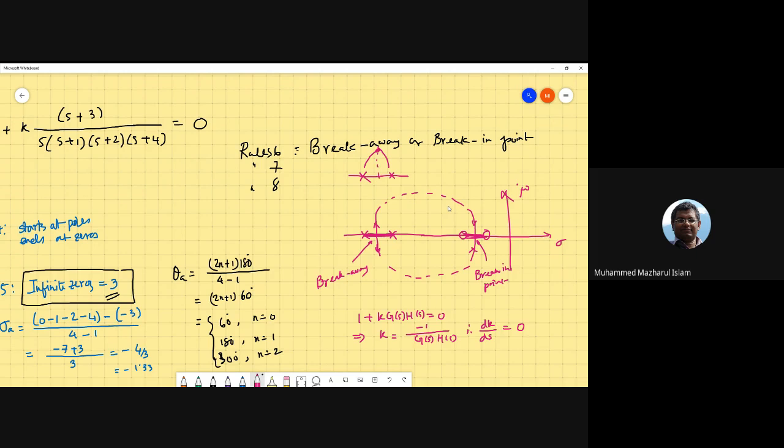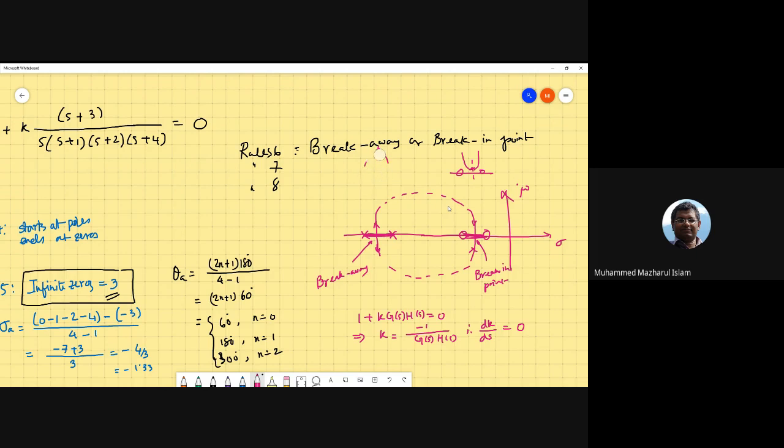And in a similar fashion, the gain value at the break-in point is the minimum. So that's why dk/ds equals 0 just calculates the maxima or the minima of the function k. So k is a function of s in this case.